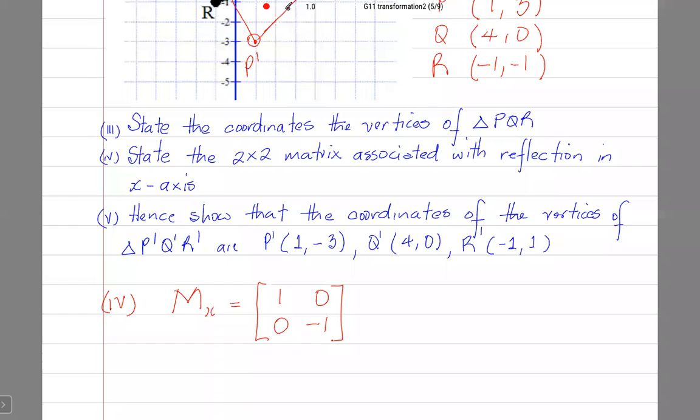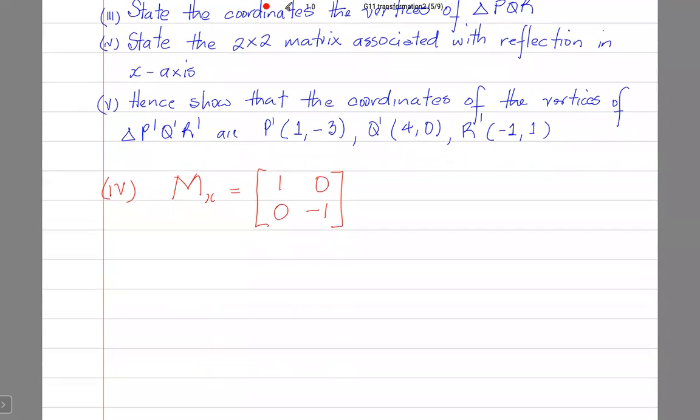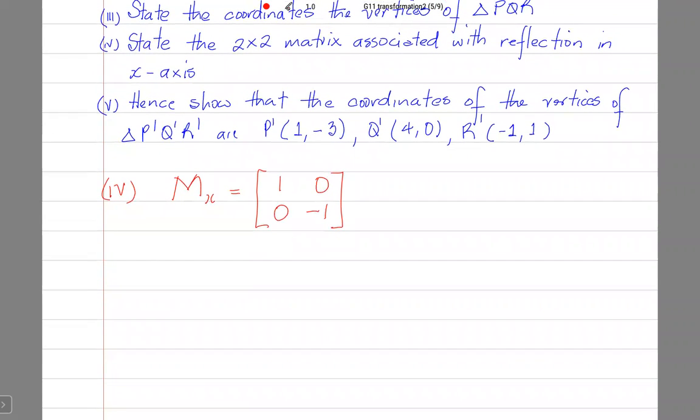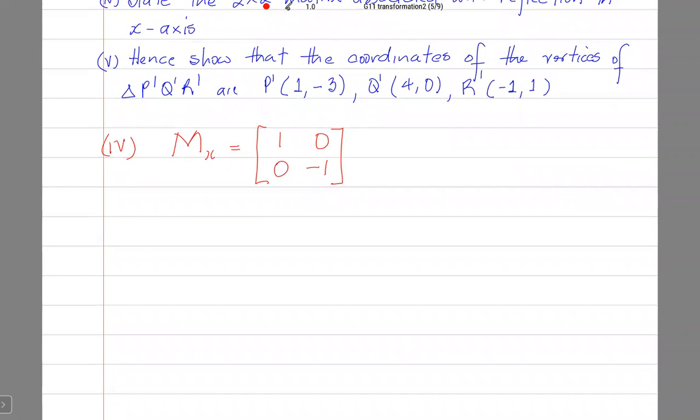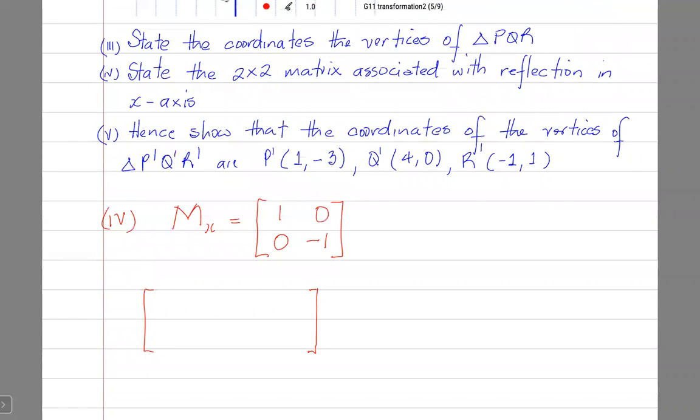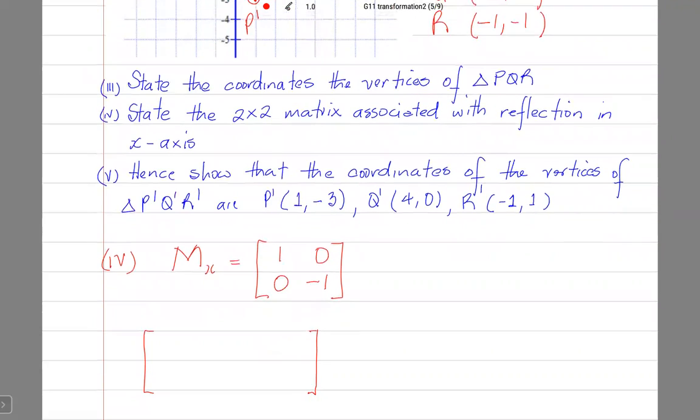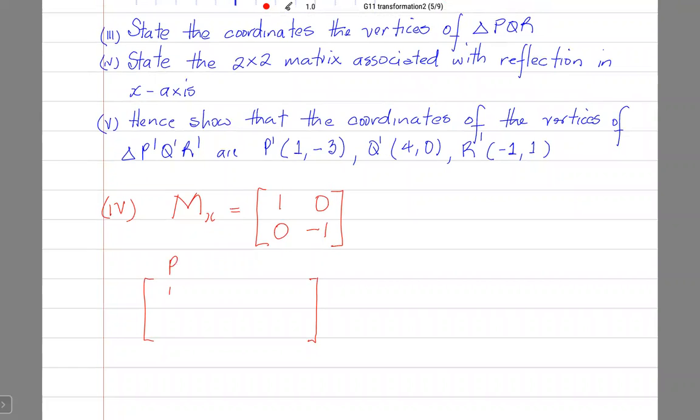Next, we're asked to show that the coordinates of the vertices of P prime, Q prime, R prime are those. What we're going to do is show you how you could use calculation to determine the coordinates of P prime, Q prime, R prime. Now, first of all, P is the point 1, 3.